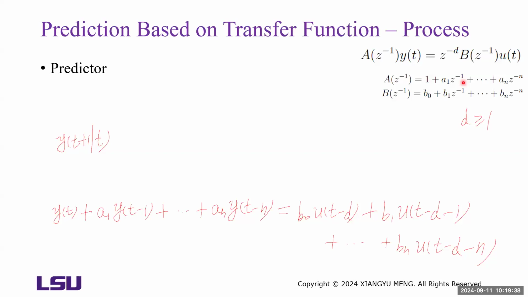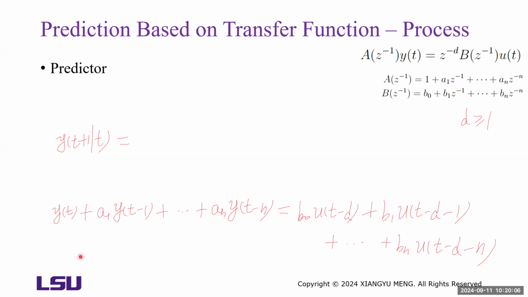Based on this equation, in the equation here we just need to change all the t to t+1. Then we have y(t+1), which is the prediction, y(t+1) conditioned on time t.